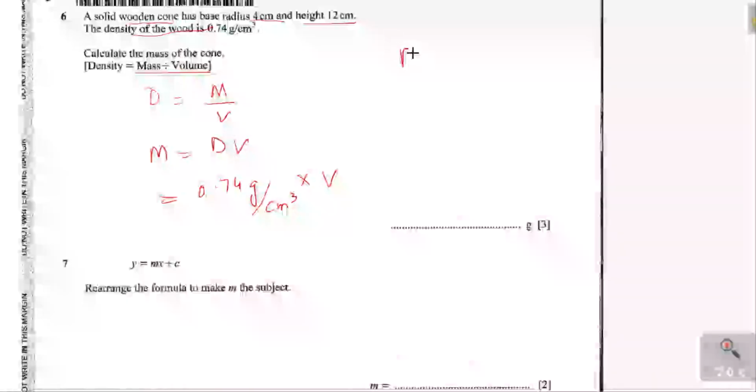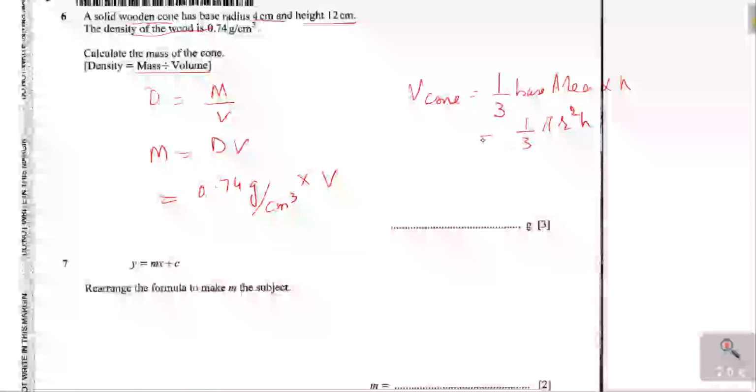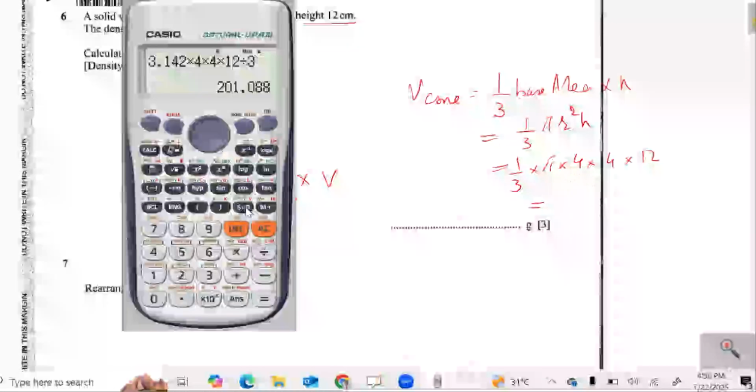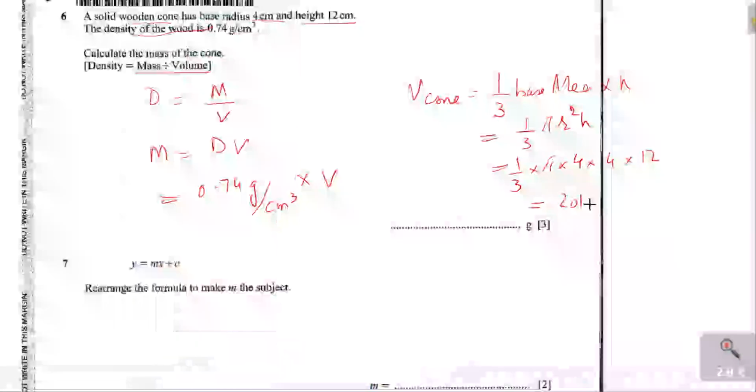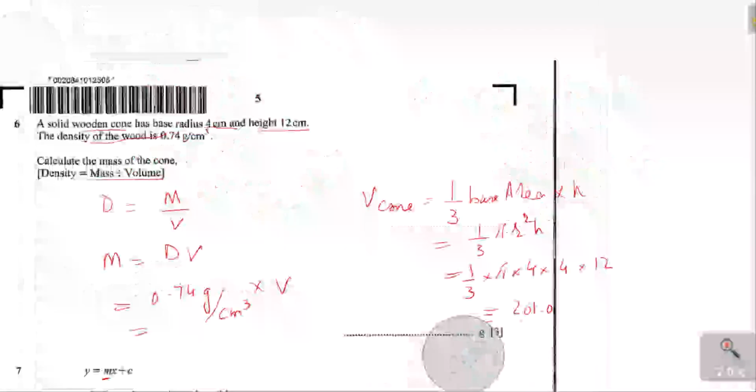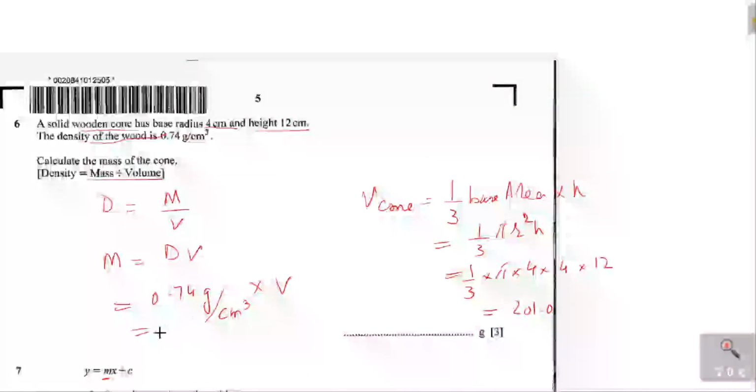Firstly, we will calculate the volume of the cone. The volume of a cone equals 1 over 3 pi r squared h, and here the value of r is 4 centimeters. We write 4 squared, and height is 12. This value will be equal to 201.0, and we will substitute this value here.